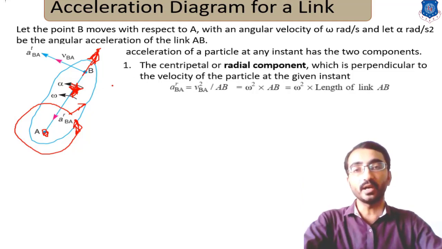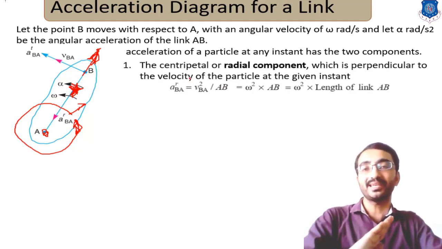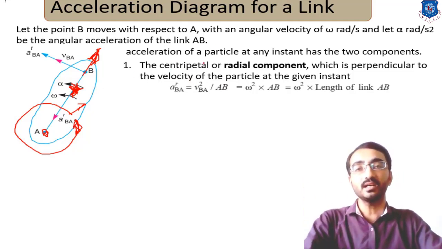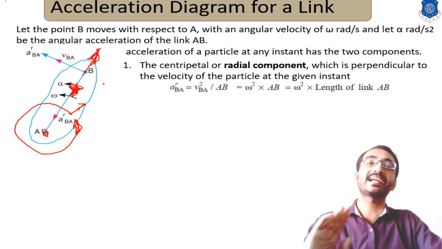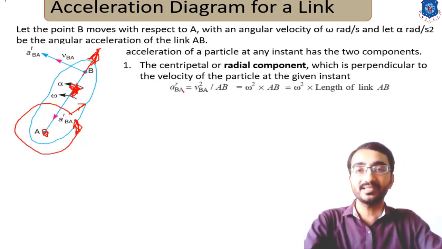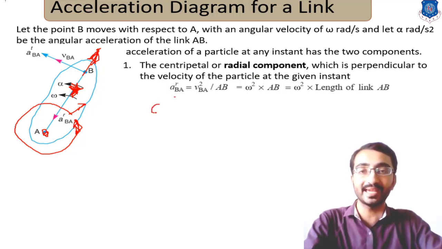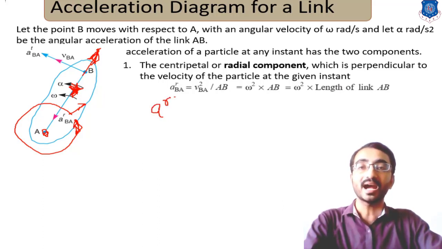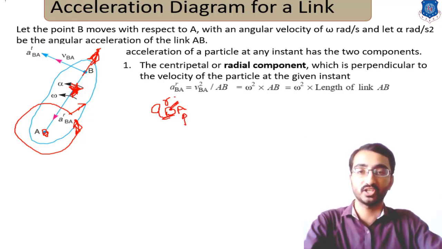If any body is rotating, then the centripetal component will act in that system. It is the radial component of acceleration, so if we denote acceleration as A and the radial component as r, then we write it for link BA, or the acceleration of point B with respect to point A in the radial direction.